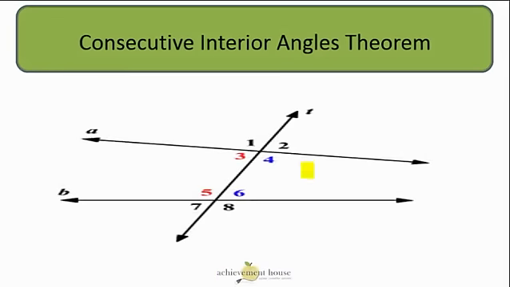So if we look at the diagram, angles 1 and 3 are a linear pair, and angles 2 and 4 are a linear pair as well.